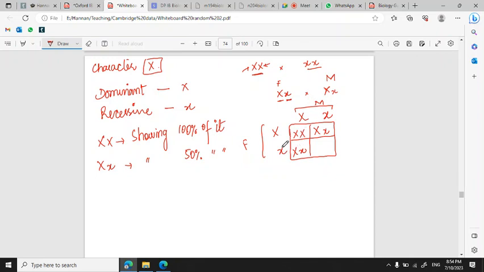Lastly, if both of the alleles that are contributed by the parents are recessive, it means this child would be showing 0% of this character, and it can be a disease. I'm not saying that it is 100% a disease, but it can be.